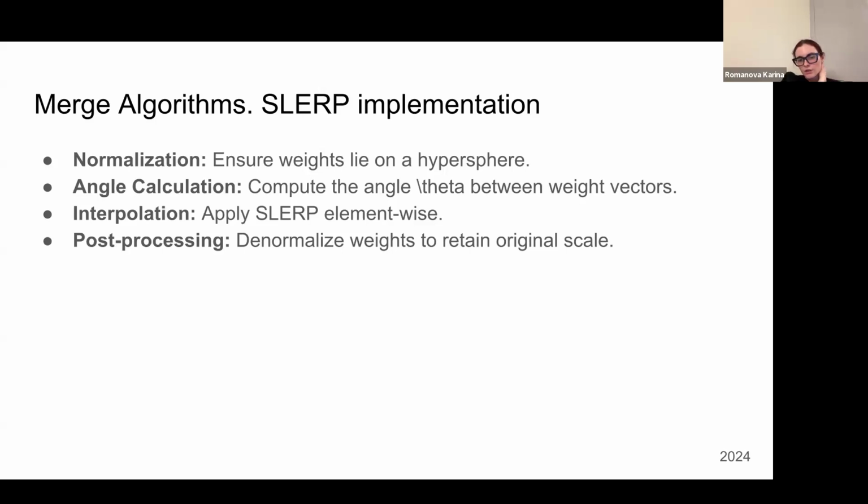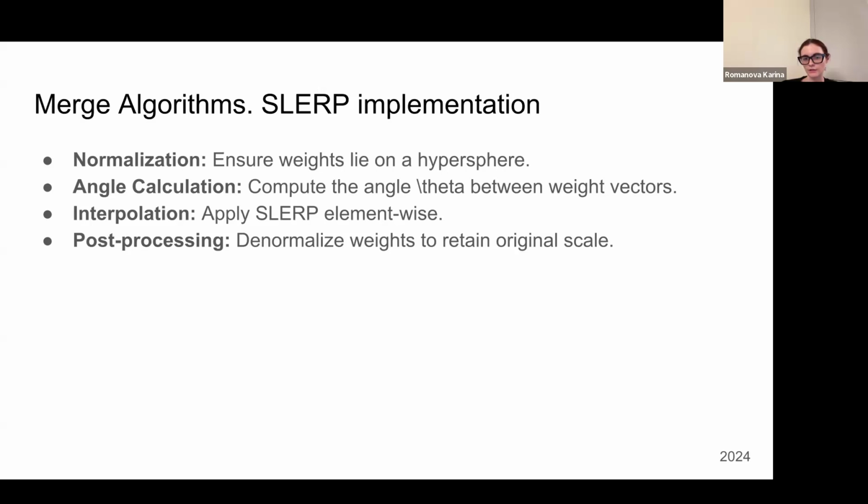After interpolation, the resulting vector is rescaled to match the original scale of the model parameters. This step is essential to maintain the appropriate magnitude of the parameters, ensuring that the merged model functions correctly.